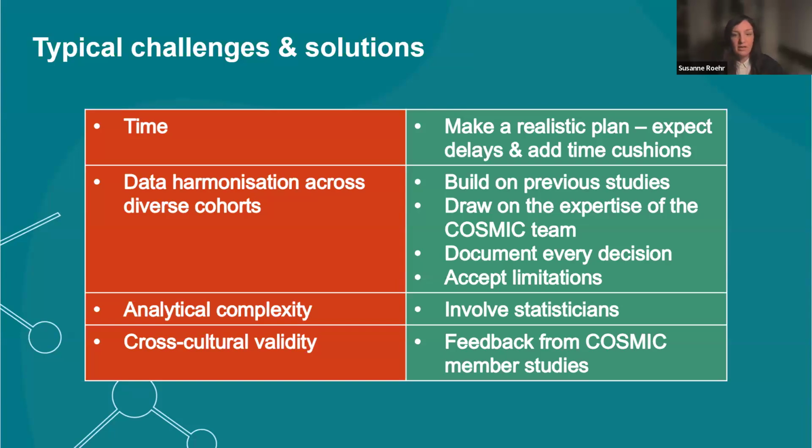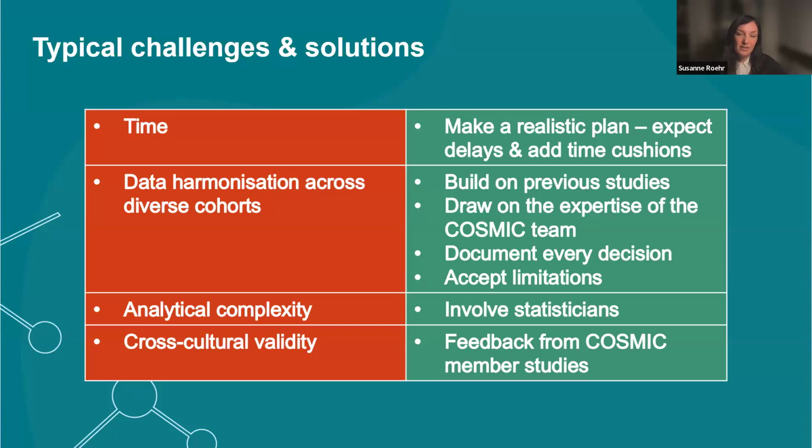Second, as may have transpired from the example that I've just provided, data harmonization across diverse cohorts can be demanding. Variables are often defined differently or measures are on different scales. My advice here is to build on what others have done already, not just as part of COSMIC, but there is a whole huge literature out there on harmonization approaches.